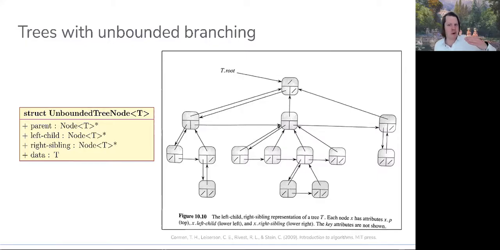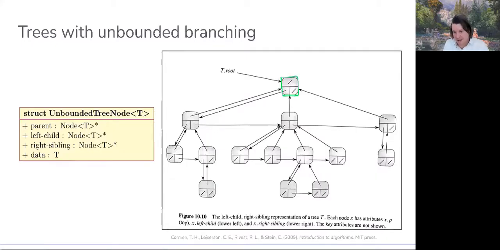And we'll see that through lateral movement, through the right sibling pointer, we effectively provide a node with the ability to have an arbitrary number of children. And of course, these nodes will also store some sort of data T. So if we look at our root here, the question is, how many children does that root have?